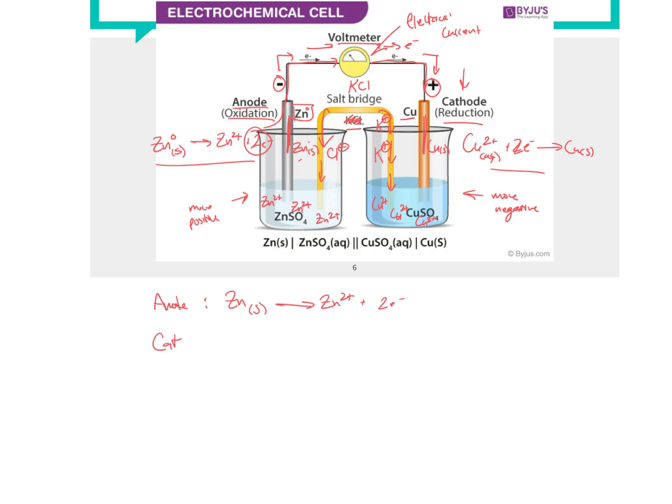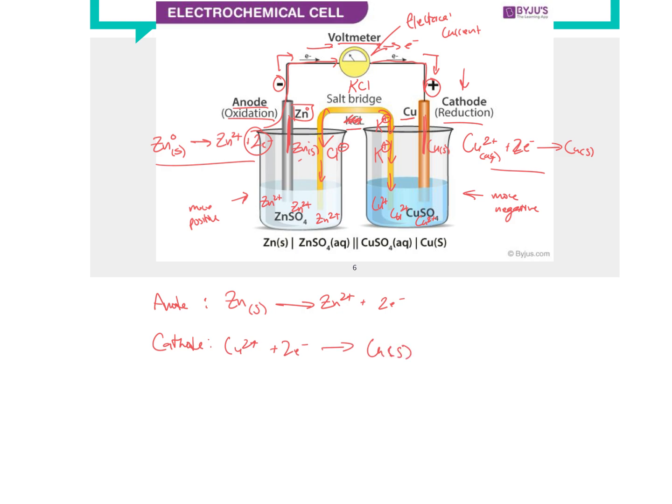At the cathode, we have this reaction happening, plus 2 electrons. That'll make solid copper.